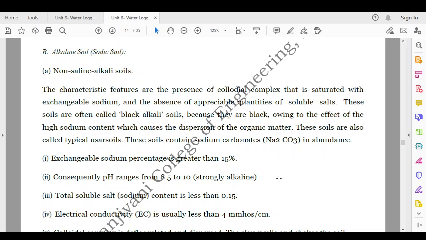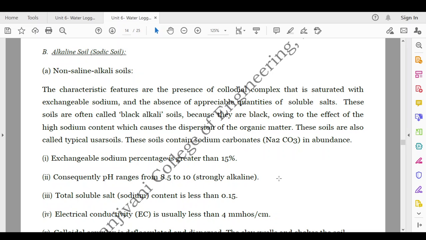These soils are often called black alkali soils because they are black owing to the effect of the high sodium content, which causes the dispersion of the organic matter. These soils are also called typical Usar soils. Usar means barren. These soils contain sodium carbonates in abundance.